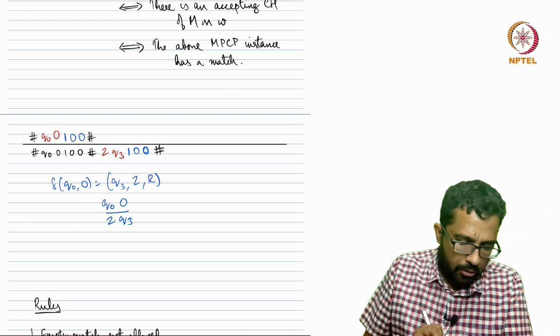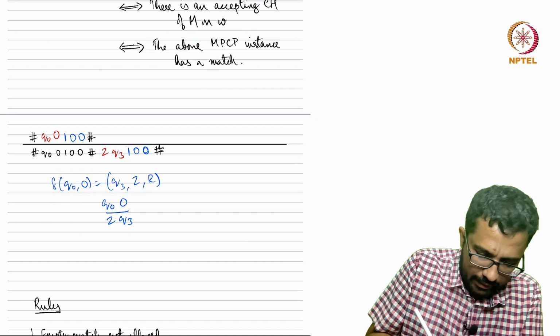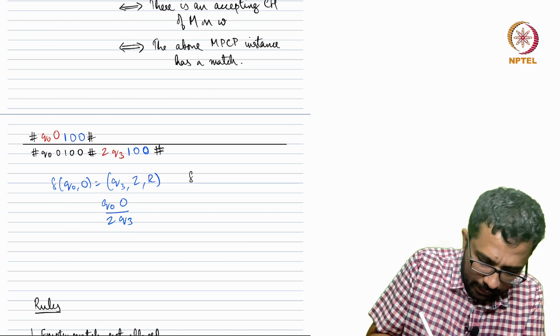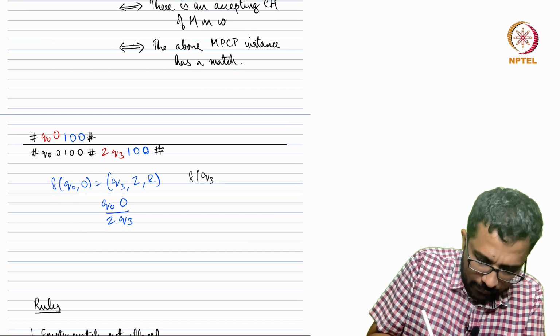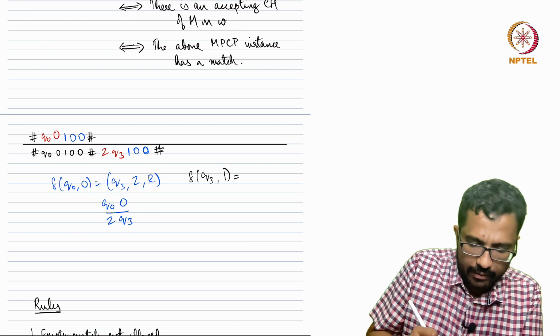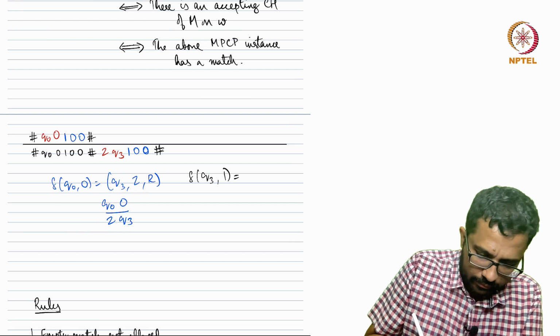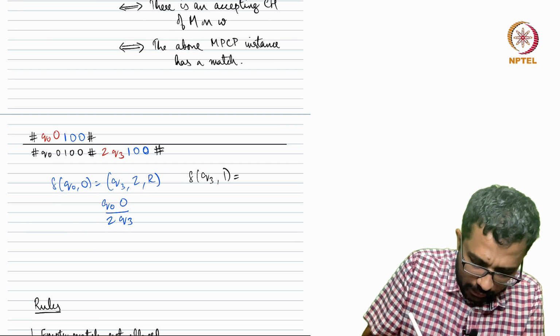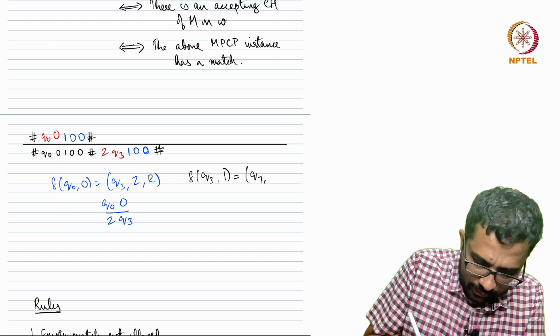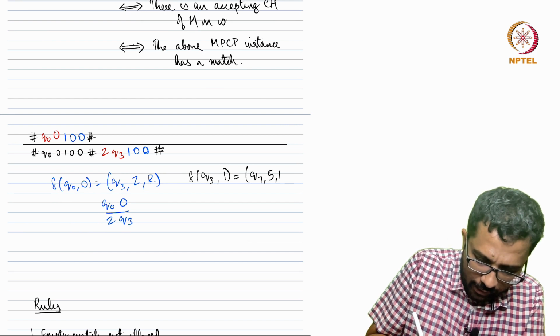Now let us say there is another rule, delta of q3, 1 is, let's say, q7, 5, right.